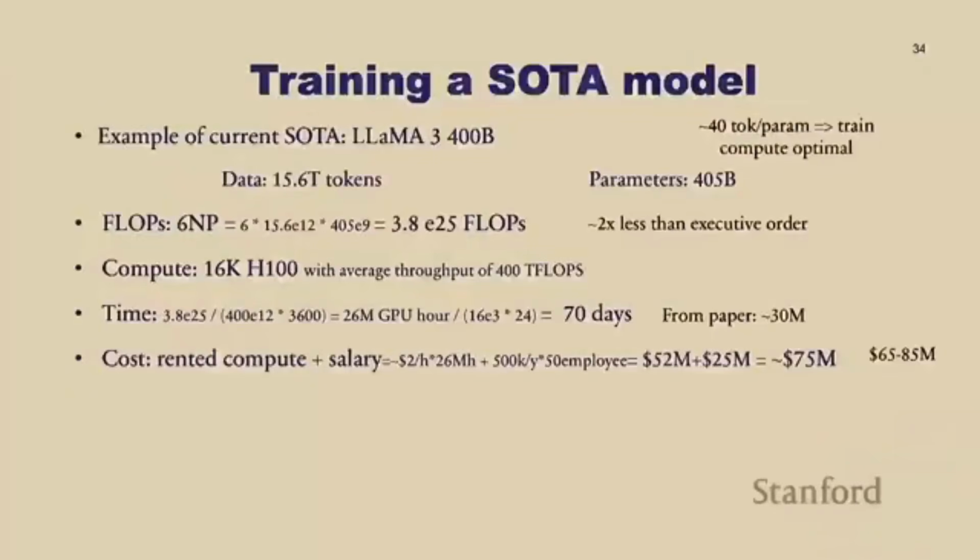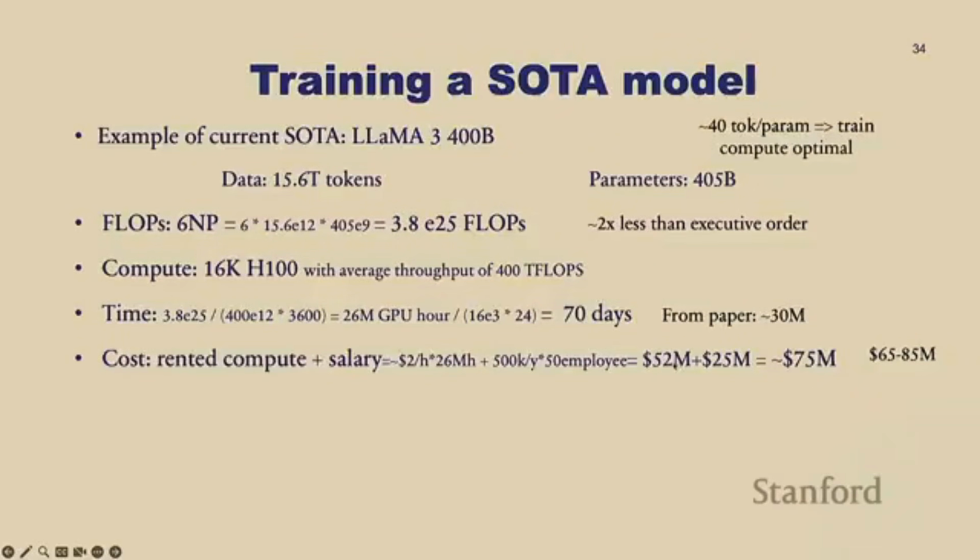Cost. It's hard to approximate, but I'm just going to say it's the rent. What if I were to rent that many H100s for that many days? How much would I pay? A lower bound on the renting cost of an H100 is around $2 per hour. If you multiply this by 26 million hours, you get $52 million.